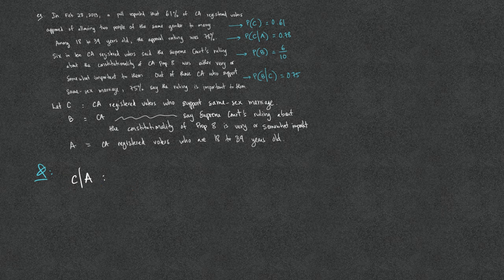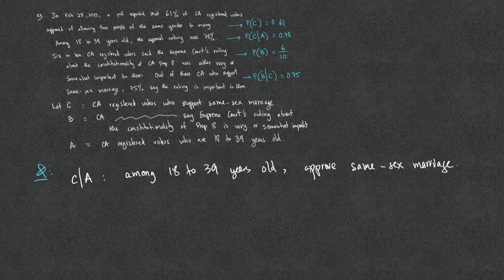And so C given A represents, among those 18 to 39 years old, the percentage that approve same-sex marriage.